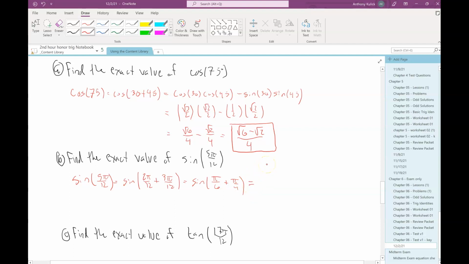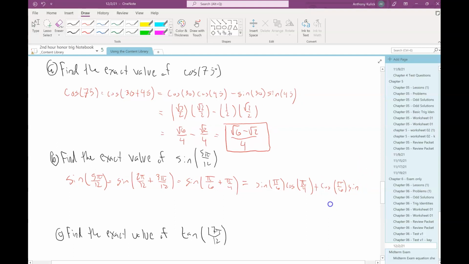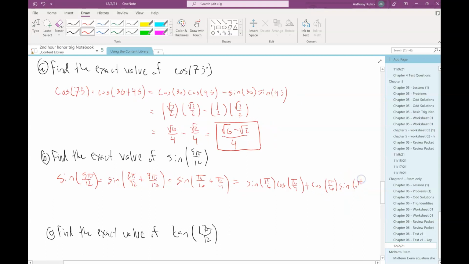So I'll apply my angle sum formula for sine. So that's sine of pi over 6 times cosine pi over 4 plus cosine of pi over 6 times sine pi over 4. Then I just go to my unit circle.